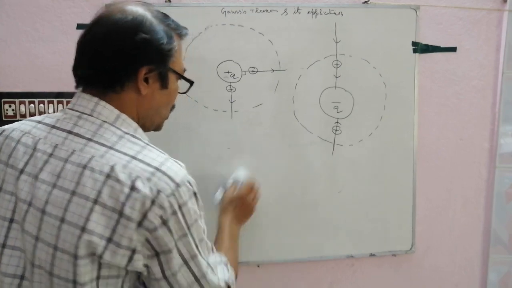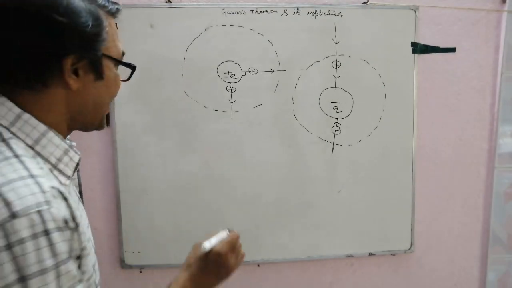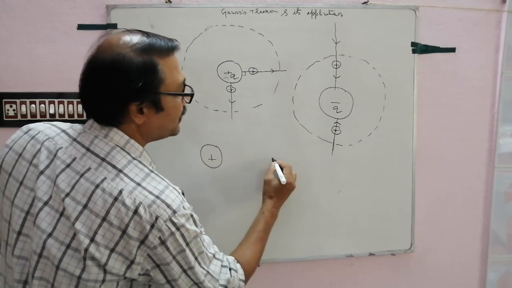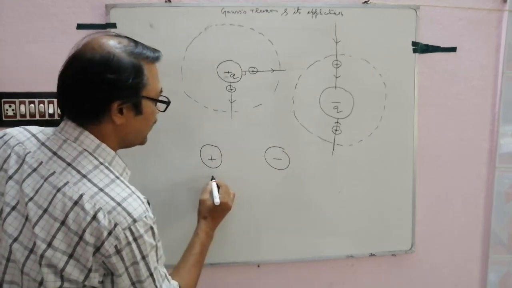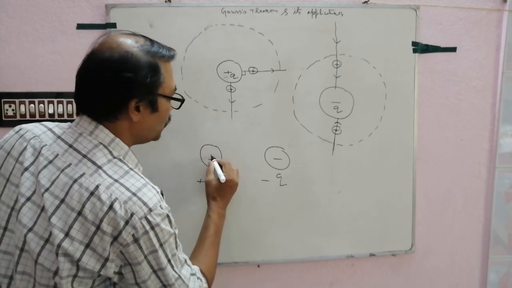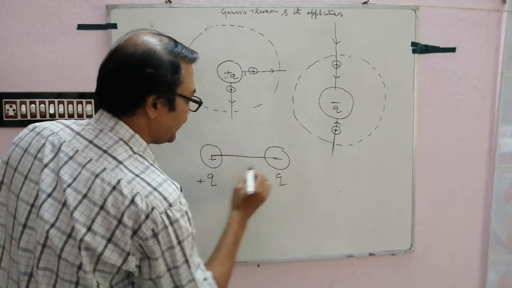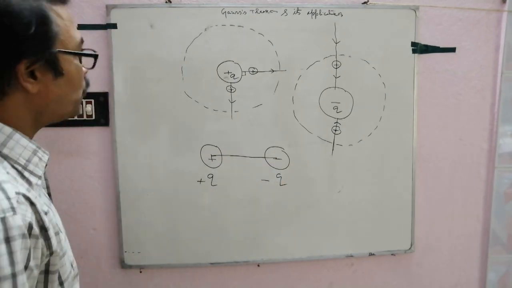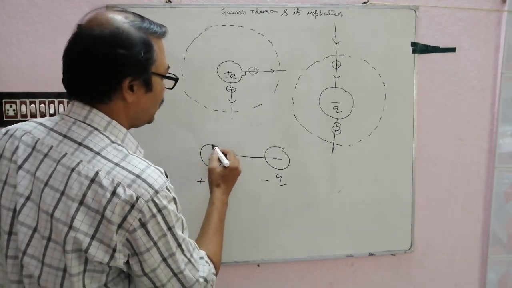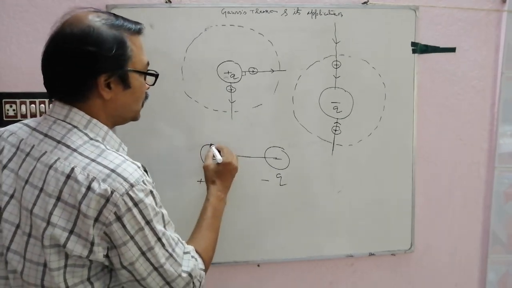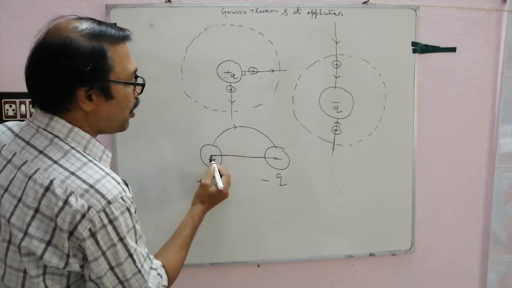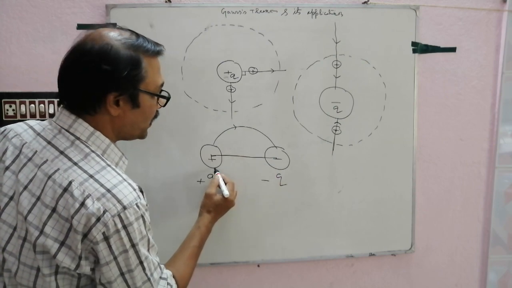Now if we consider an electric dipole, this is positive charge plus Q, this is negative charge minus Q. So this is an electric dipole. If we draw the electric field lines, what will we get? Follow, it originates from the positive charge and terminates at the negative charge.